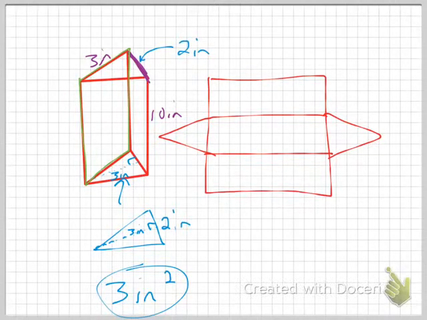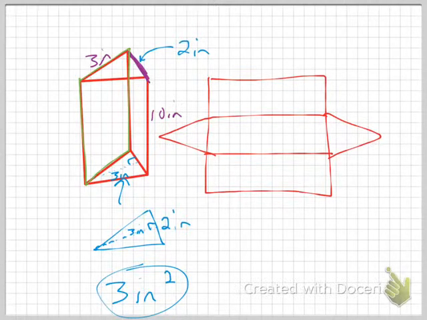Have I given you enough information to tell me the area of that side? Yes. Tell me the dimensions of it. It's 3 by 10. I didn't tell you that this was 10. How did you know that this thing right here was 10? Oh, if this is 10, then this is 10, and then this is also 10. Right? So then 3 by 10 is 30.